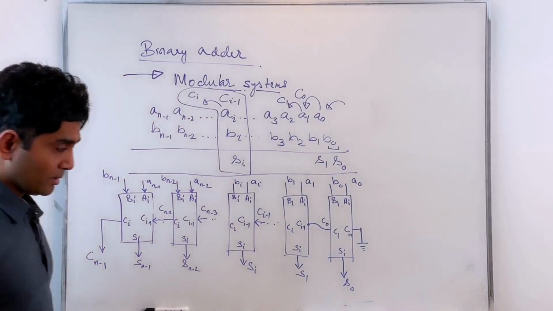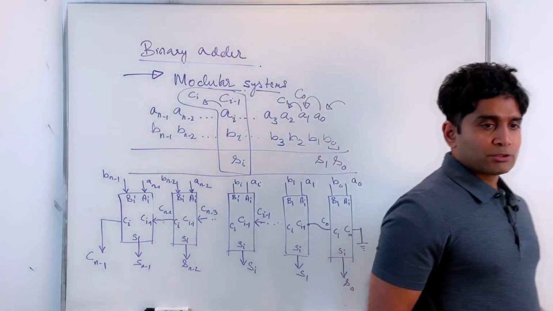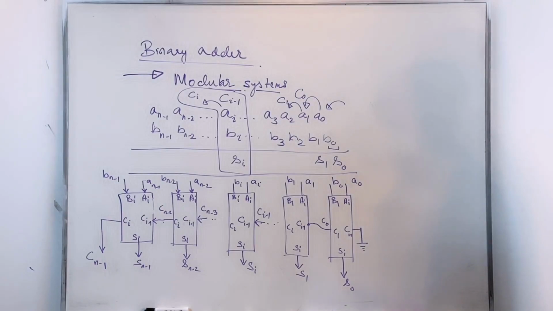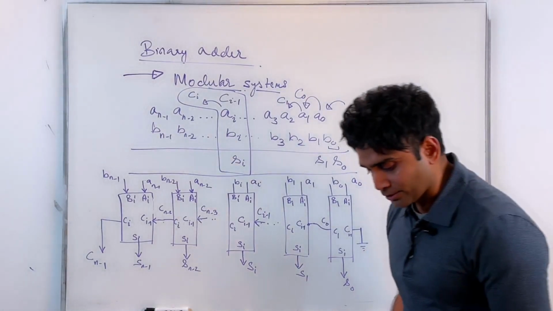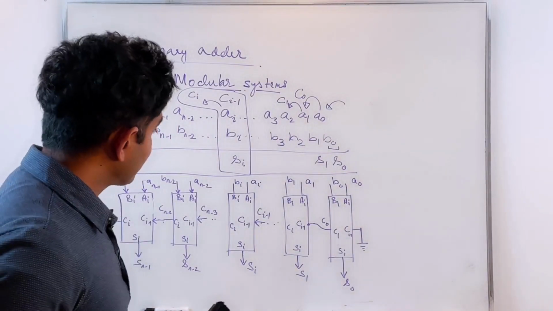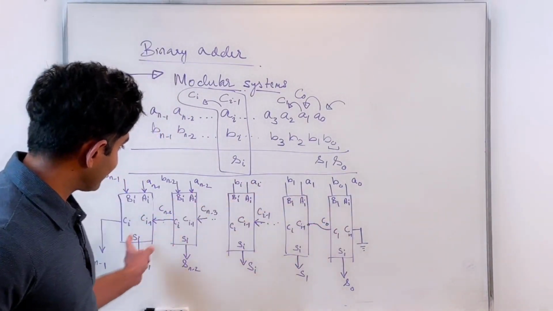And that's it. Now I'm able to use these individual adders as individual modules, and now I can generalize the addition operation for any bit number. So this is a cascaded adder.